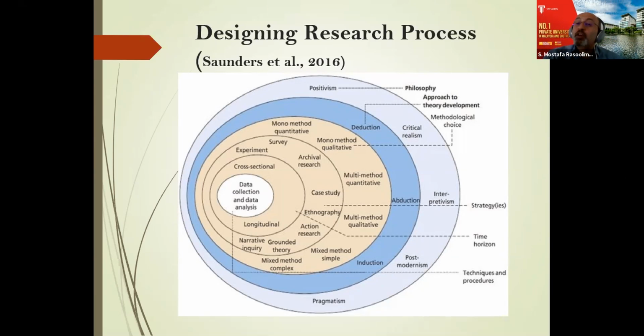We need to consider all criteria for robustness of each one, right? But in addition to those criteria, we also need to check some criteria for the robustness or rigorousness of mixed method. When we mix qualitative and quantitative, we have to consider some criteria, right? So for mixed method also, this onion can be used as a benchmark, and we have to explain all these layers of this onion.